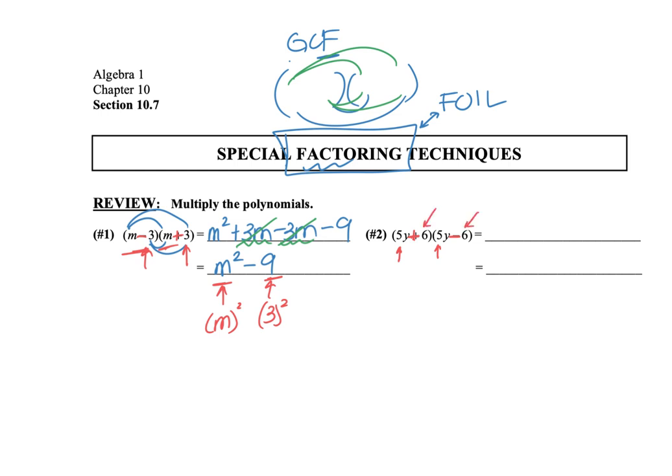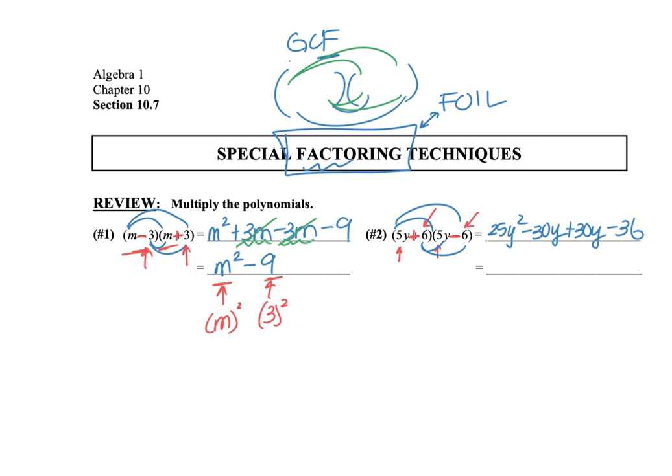And if I FOIL that, like we did before, 5y times 5y for first is going to give me 25y squared. 5y times negative 6 is a negative 30y. Inside, positive 6 times 5y is going to give me a positive 30y. And a positive 6 times a negative 6 gives me a negative 36.